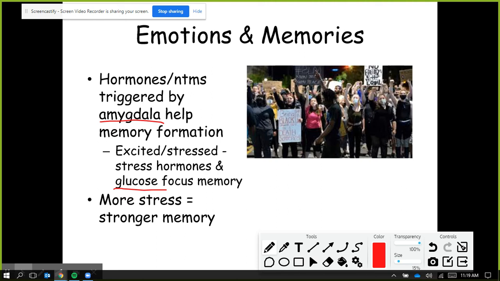That's why they talk about how in car accidents it seems like time slows down, because the amygdala is laying down an extra set of memories. And so that's why emotional memories tend to be more vivid. Okay.